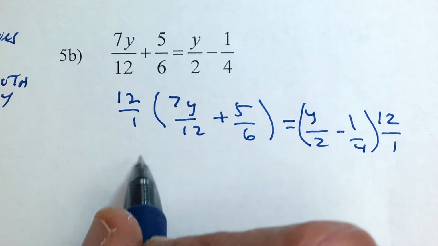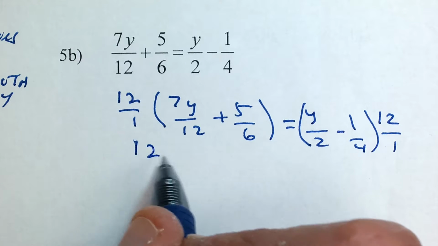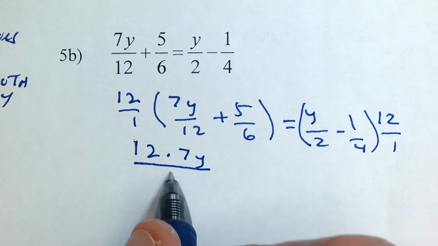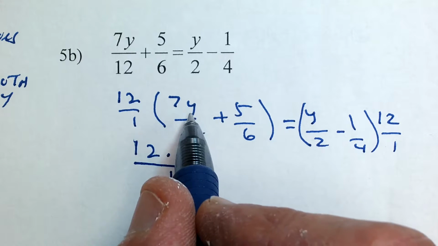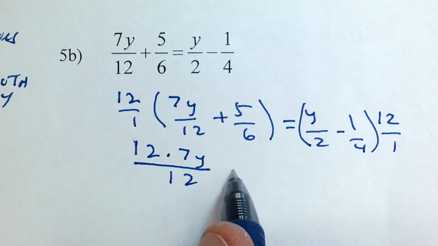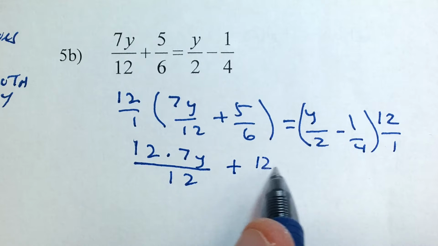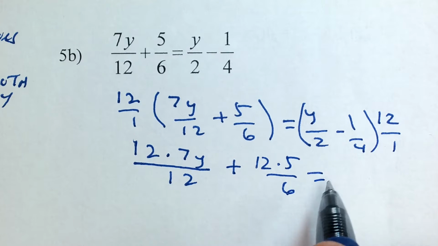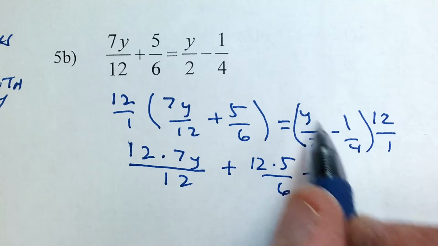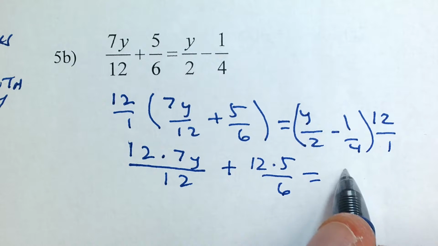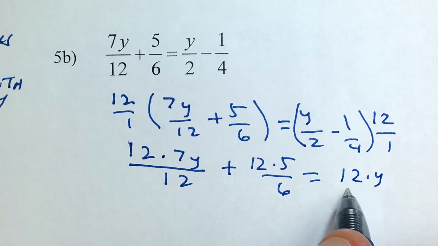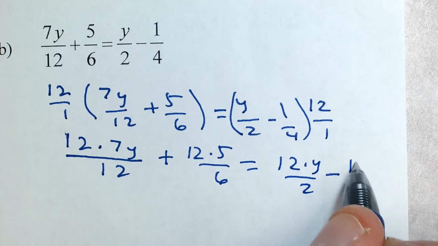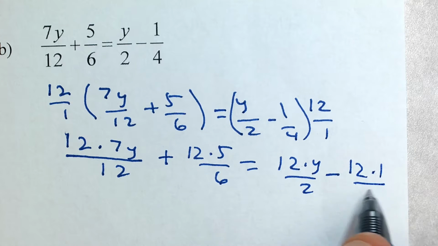So let me just rewrite the factors multiplied next to each other. That would be the distribution here, and then the next one would be plus 12 times 5 divided by 6. And on this side, it would be 12 times y over 2, and then minus 12 times 1 over 4.